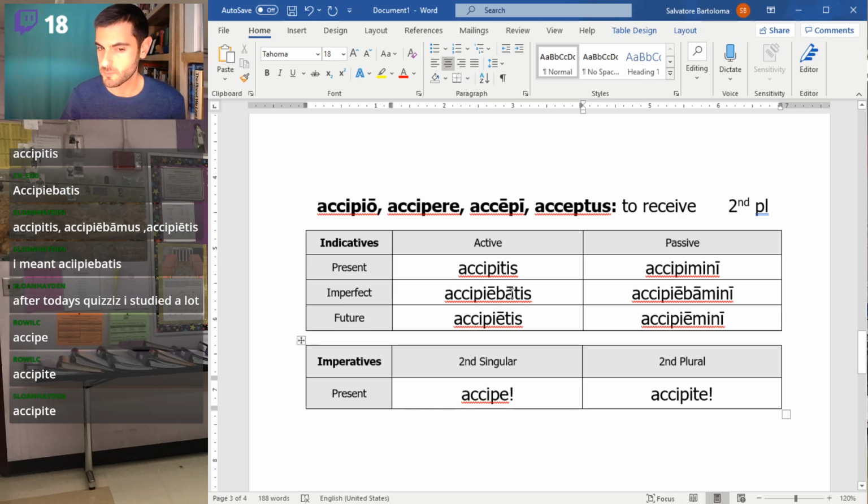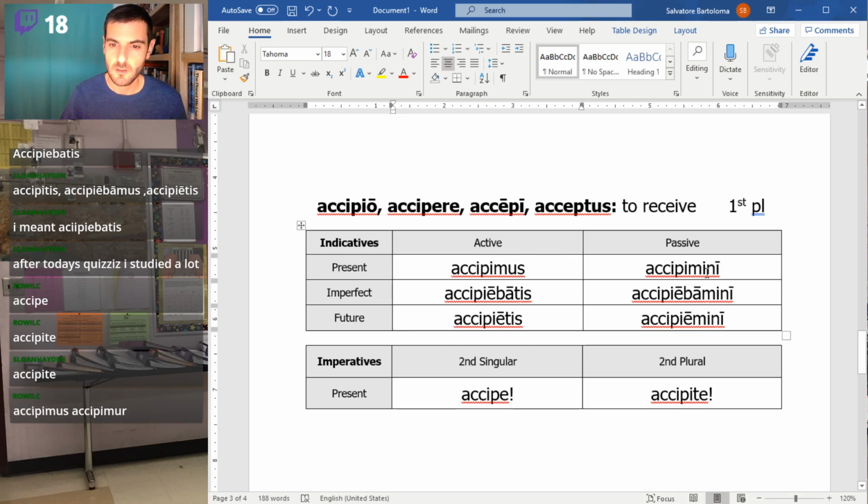I know third IO is one that people were concerned about, so let's manipulate this one a little bit. Let's go first plural. If we go first plural, not a whole lot of work we need to do. Accipitis becomes accipimus. Accipimini becomes accipimur, right?